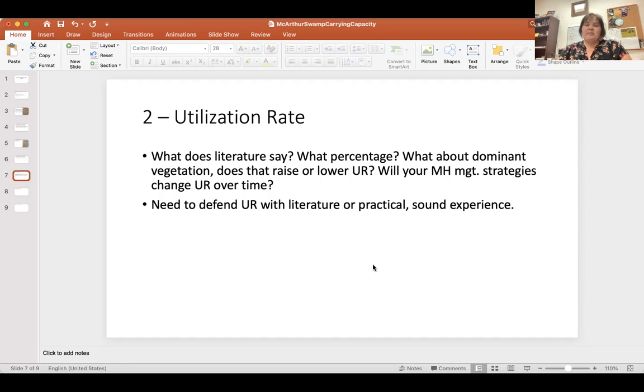In a poor precipitation or a drought year, utilization rate should be this. And then also take into account, as you're reviewing literature, what about the dominant vegetation? So just thinking back to those pastures as 1, 2, 3, and 4, what is going to be the dominant vegetation or species in those pastures?